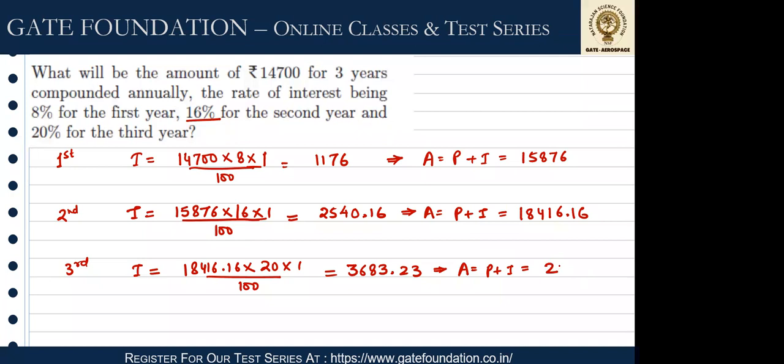It's 22099.39 something. Oh yes, or अगर approximately आपसे मांगा जा रहा है, so you can say that 22100. So this will be your final amount.